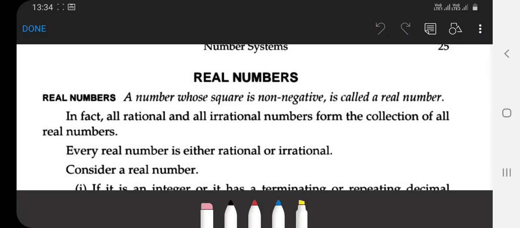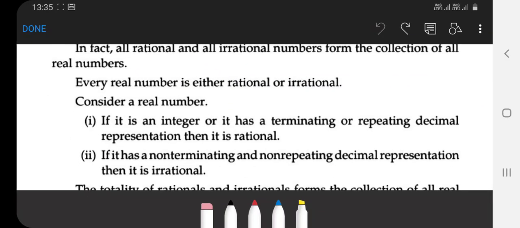In fact, all the rational and irrational numbers form the collection of all real numbers. So every real number is either rational or irrational.